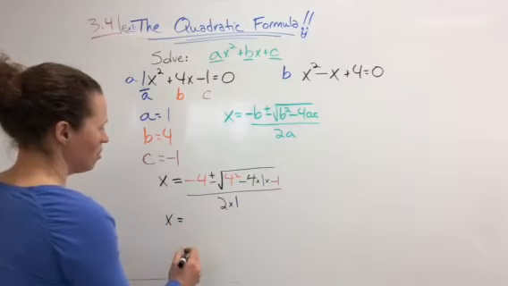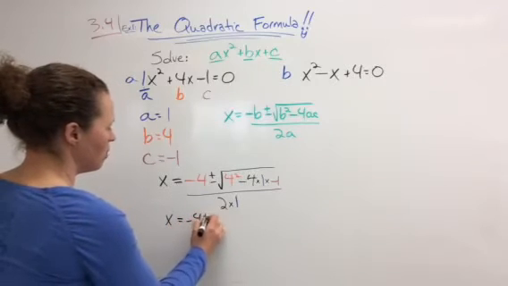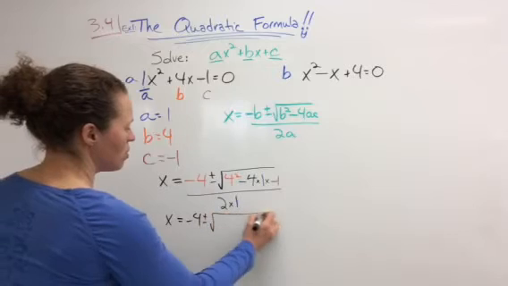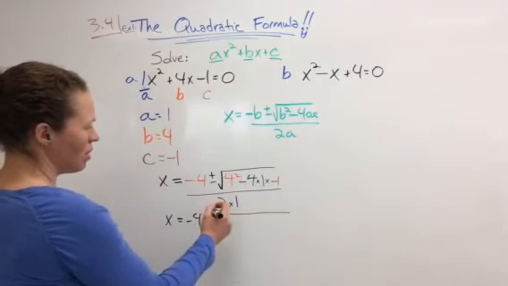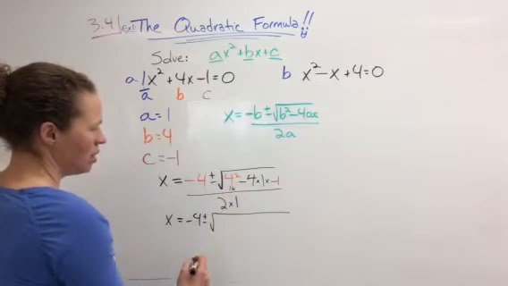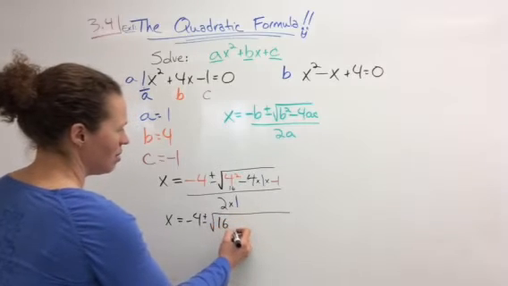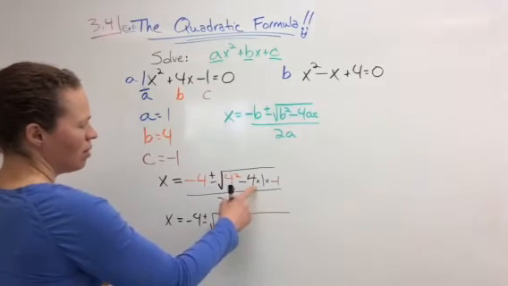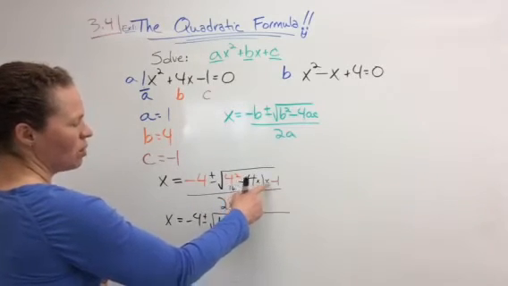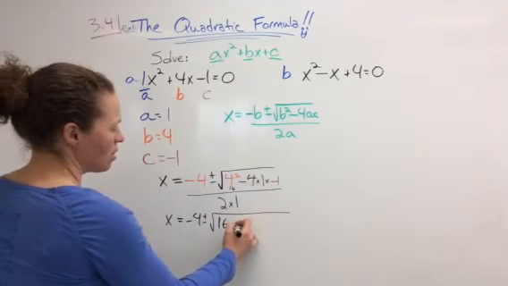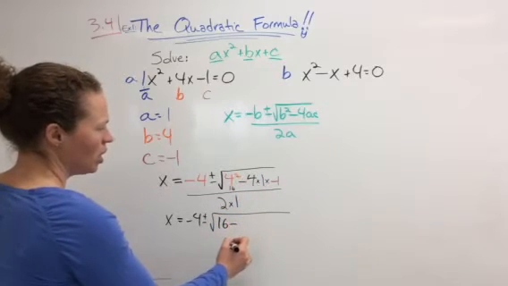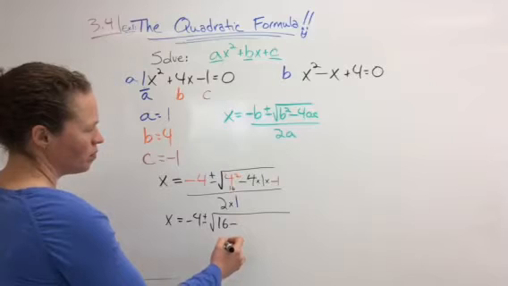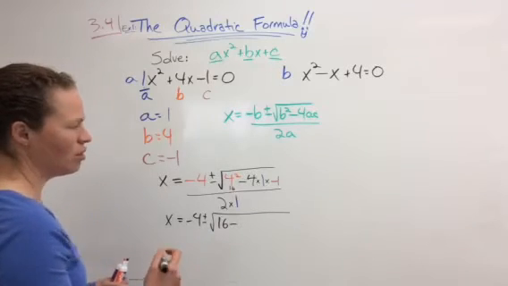So x equals, I've still got the negative 4 plus or minus, but under the square root sign, 4 squared is going to be 16. So I can write 16 minus, now 4 times 1 is just 4, times negative 1 is actually going to be positive 4. I can deal with this in 2 ways.